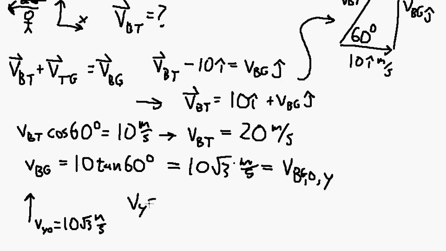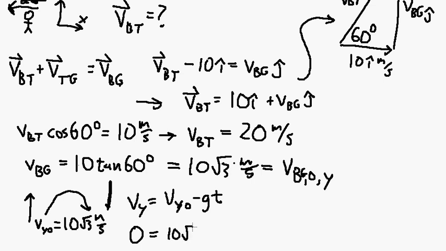Velocity y is Vy naught minus gt. I can't remember the direct formula myself, but this is good anyway. When the y velocity is 0, it has reached the top of its arc, or gone straight up and stopped and then come back down. So 0 equals 10 radical 3 minus g times t.